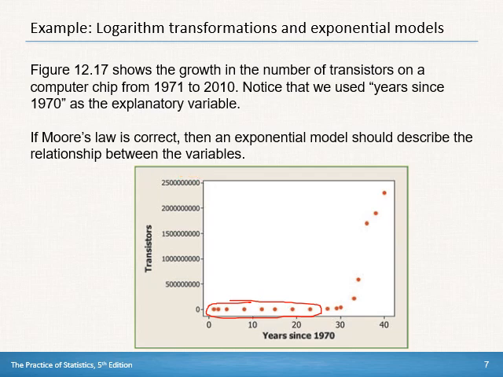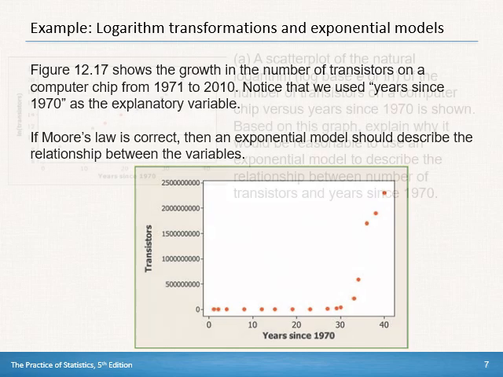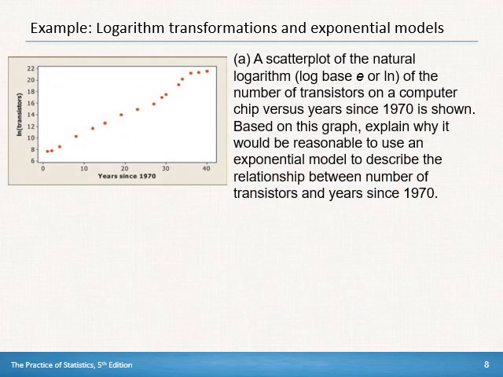So this is clearly not linear data. It's curved data, exponential data, fits just the model like we were looking at with the allowance. However, if we take that data and we plot year, the normal x-axis, the years since 1970, against the natural log of the number of transistors, now the data is much more linear.